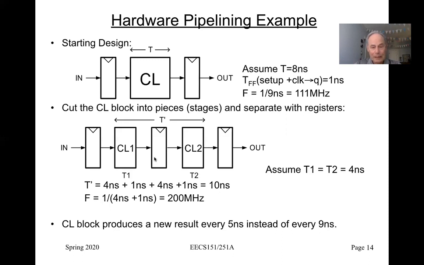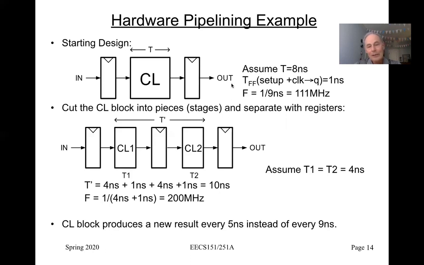So if we look at the time now to get through this functionality, the total CL, it would be 4 nanoseconds for this block plus 1 nanosecond overhead for that pair of registers, and then 1 nanosecond overhead for this pair of registers plus that 4 nanoseconds. So we'd have a latency of 10 nanoseconds.